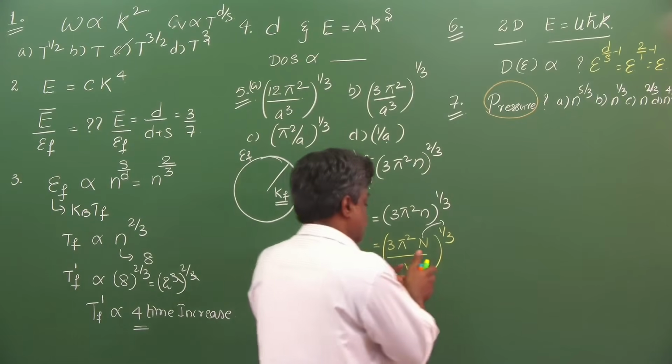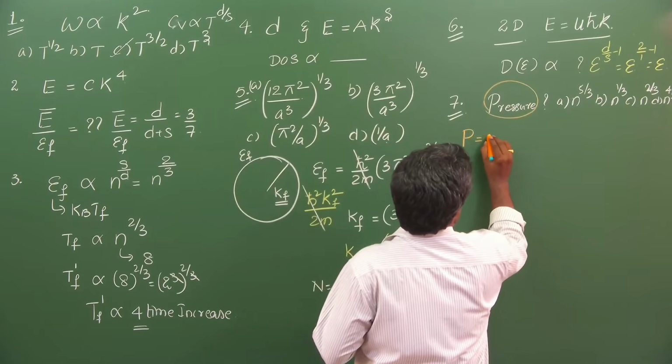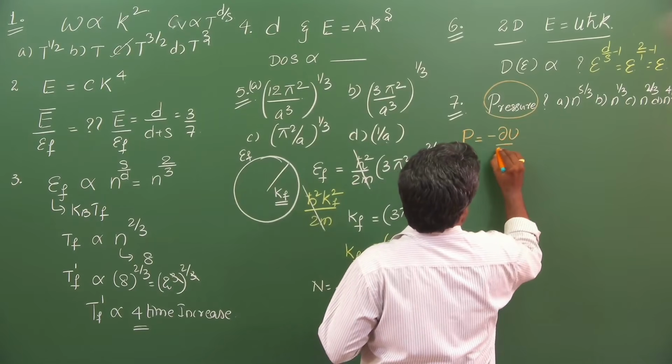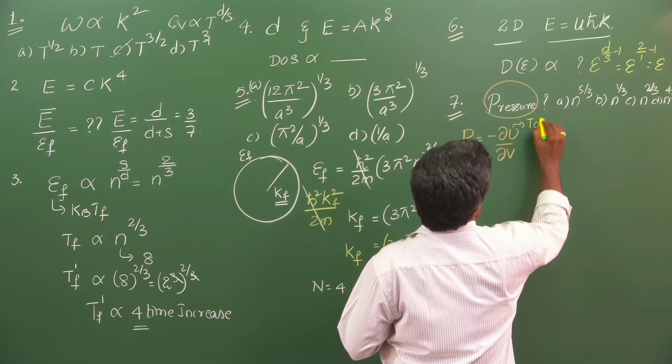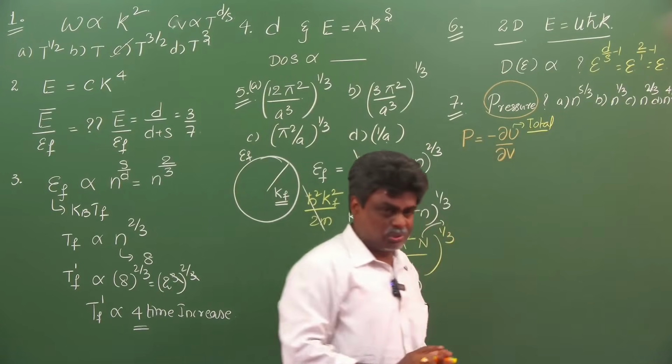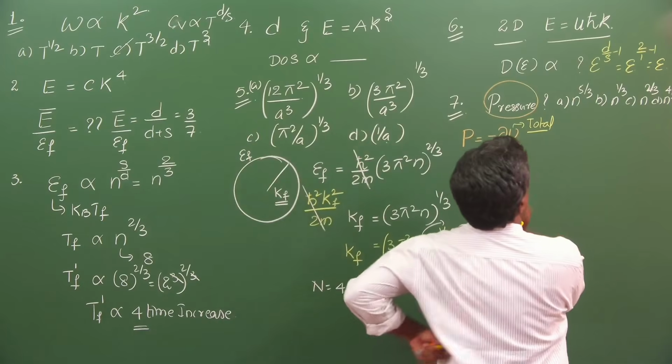Maybe you studied this long back. So, pressure P equal to minus dou U by dou V. Remember, U is the total energy; you can also write it as E. How to get the total energy?